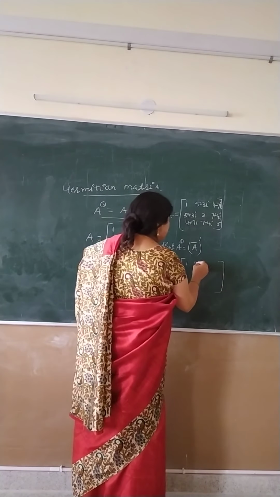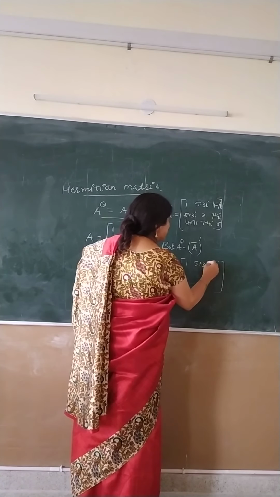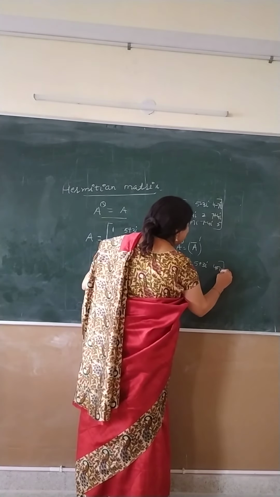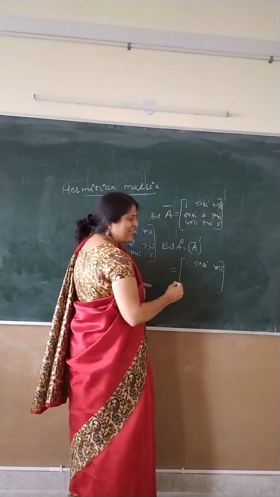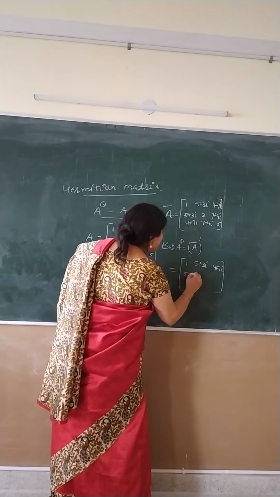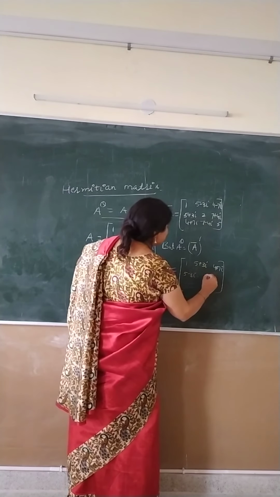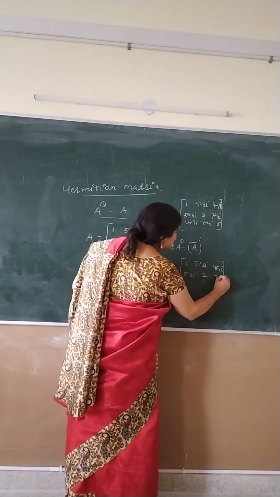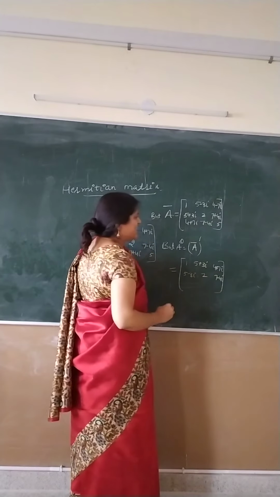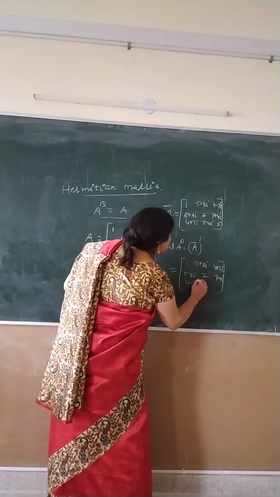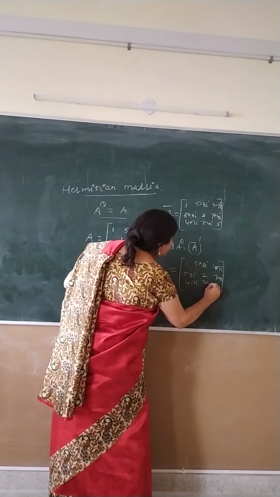Now, 5 plus 3 iota students, this is 4 plus 7 iota, right students? This is 5 minus 3 iota, right? This is 2, this is 7 minus 4 iota, and this is 4 minus 7 iota, 7 plus 4 iota.